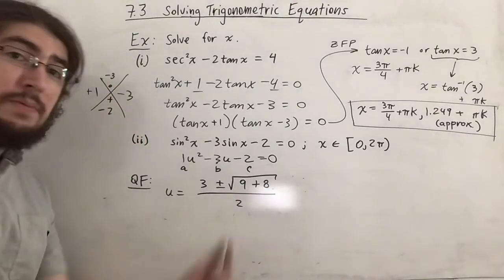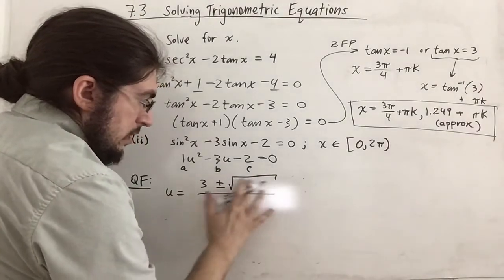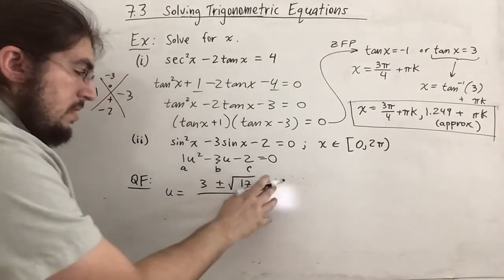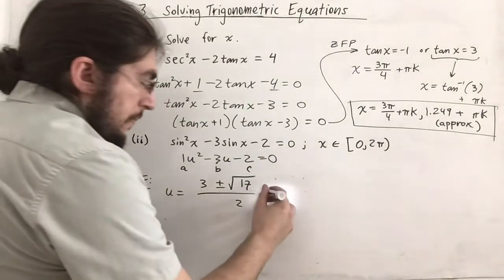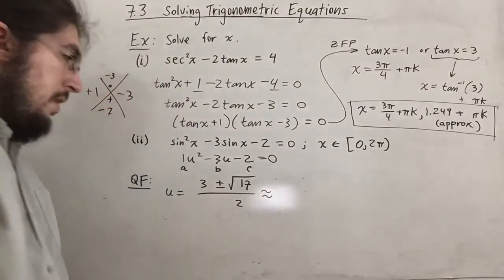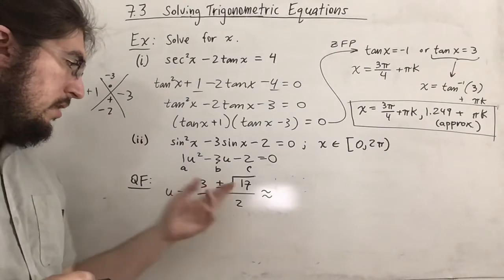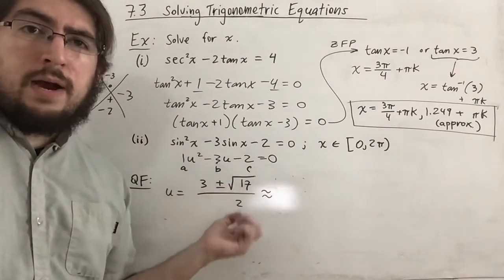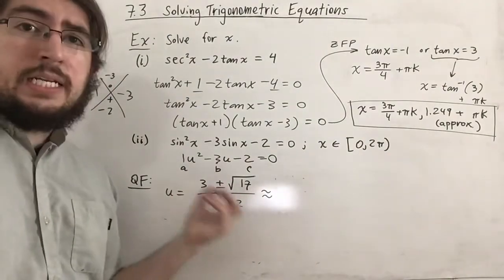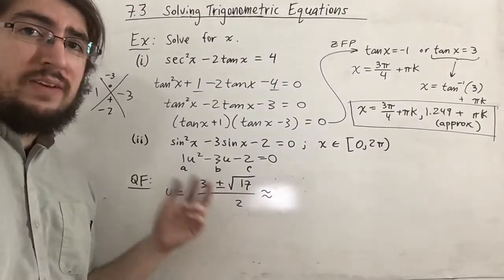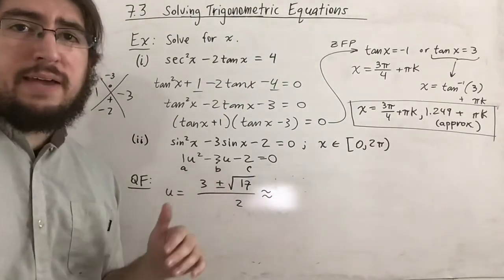Since 9 plus 8 is 17, we just get this, which is nice. Well, kind of nice. I'll approximate this right now, but I can just tell right away. Radical 17 is a little more than radical 16. Radical 16 is 4, so this is a little bigger than 4. If you add these, you get 3 plus 4 is 7, and 7 over 2 is 3.5.